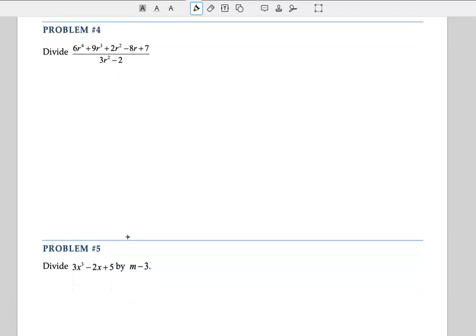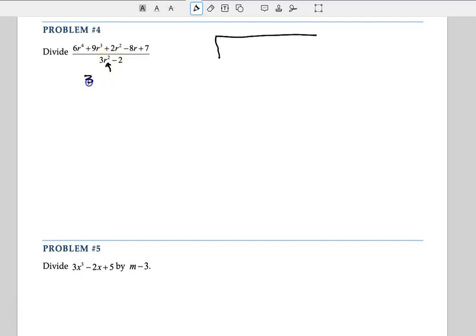So this one is a little bit different. Remember I said, okay, when we set this up, we got to make sure that we know what's outside and inside. So the outside stuff is going to be this 3r squared minus 2. However, do you see that there is a missing r term in there? If I was trying to write a polynomial with all of the terms there, I'm missing that r.